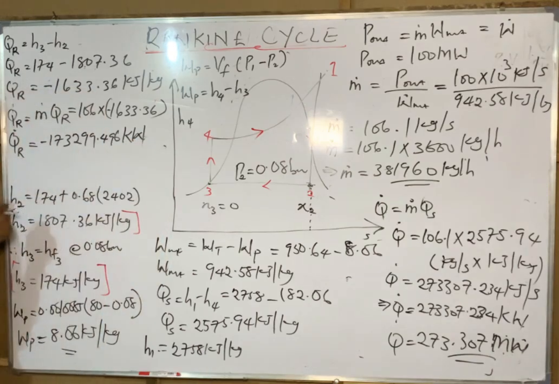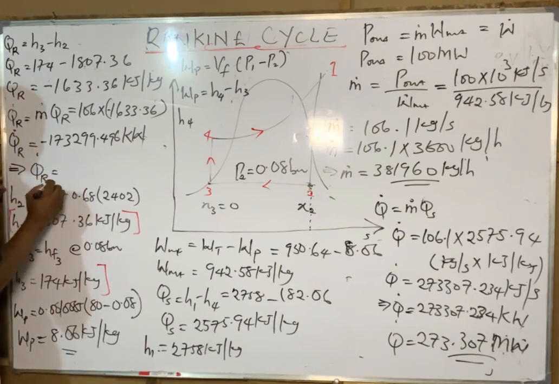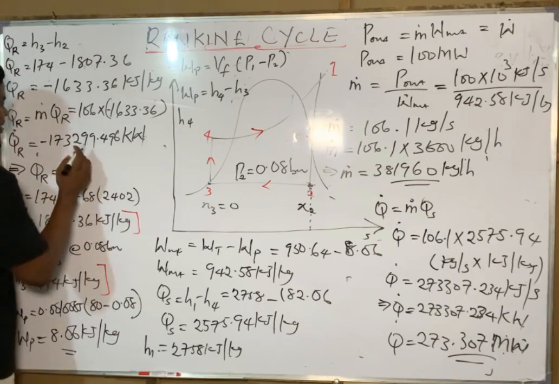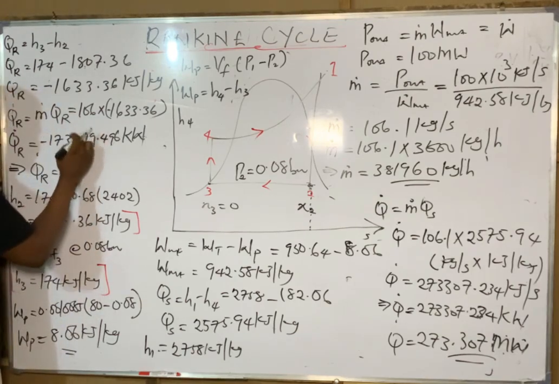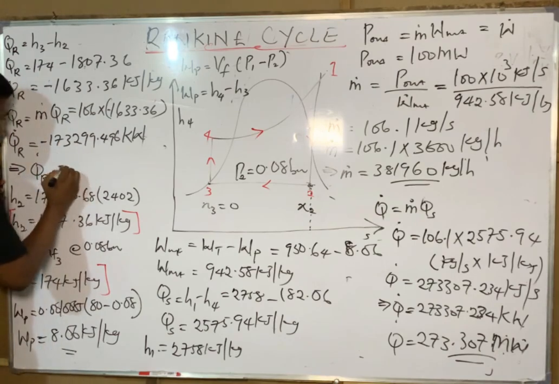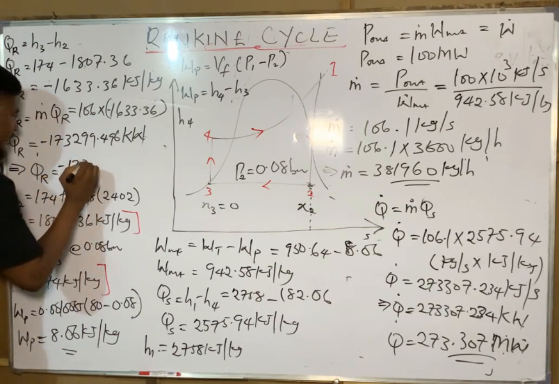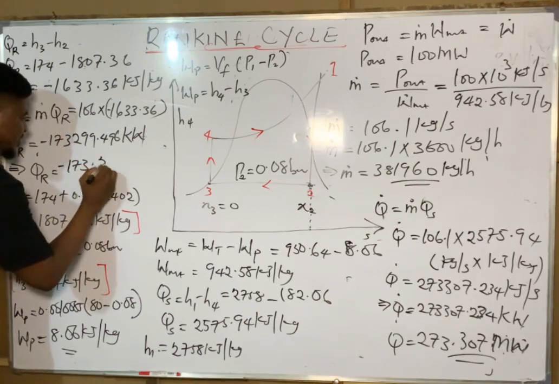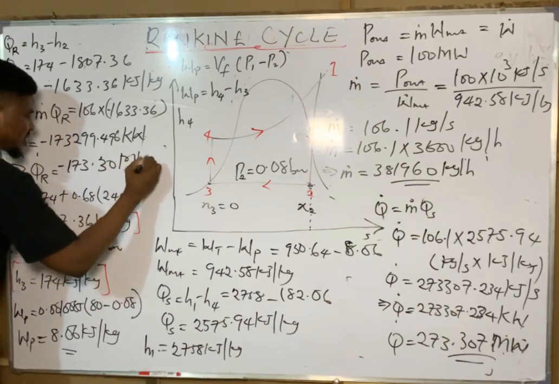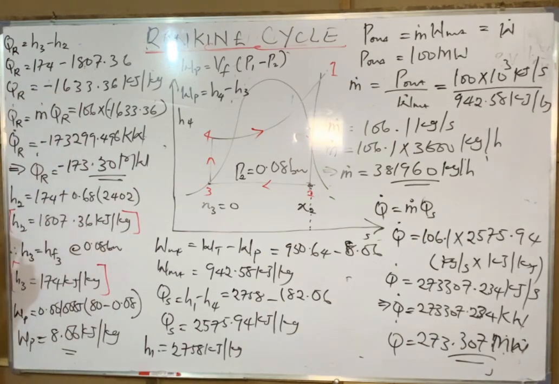To convert to megawatts, simply divide by 1000. So we have negative 173.30 megawatts approximately. That becomes our heat rejection rate in megawatts.